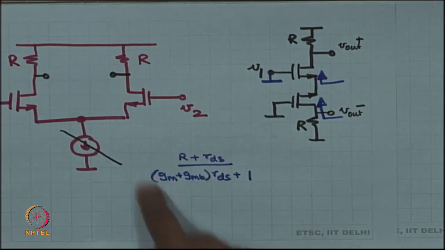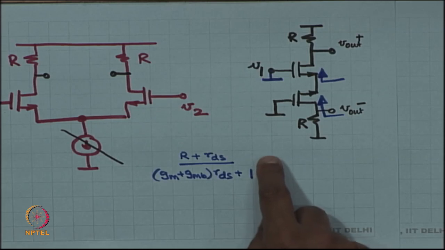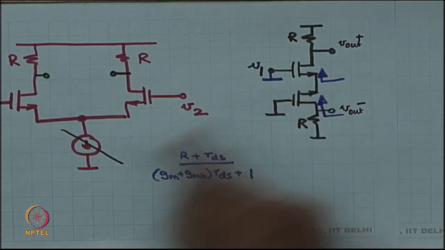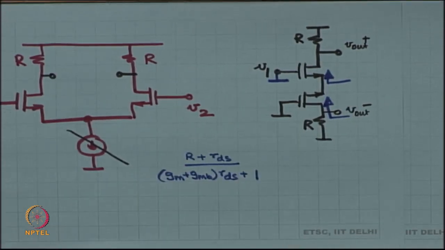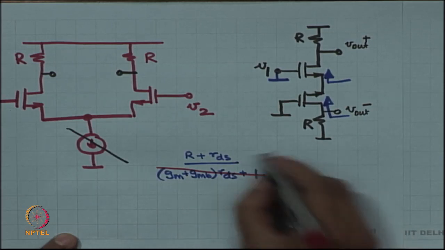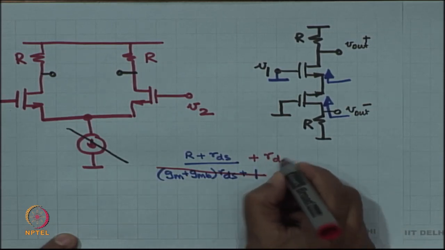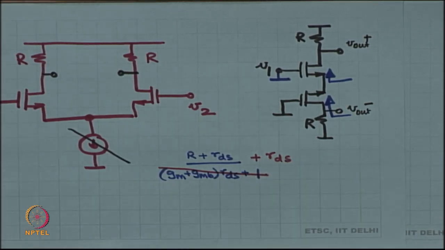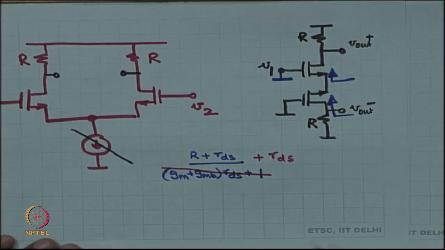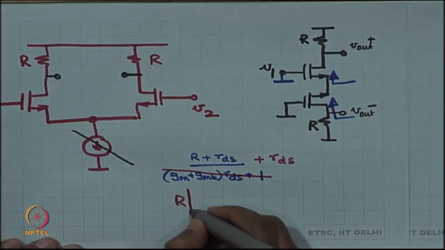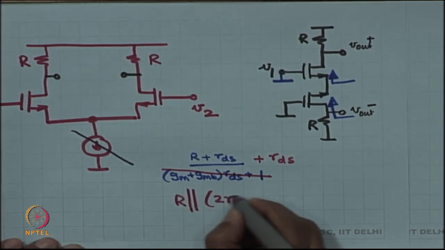Effectively, it is this impedance times 1 plus GM plus GMB or RDS of this MOSFET, which is the same. So, this entire portion is going to cancel out plus RDS, fine. So, that is the impedance looking up. So, 2 RDS plus R looking up, and looking down it is just R. So, the net impedance is R in parallel with 2 RDS plus R.